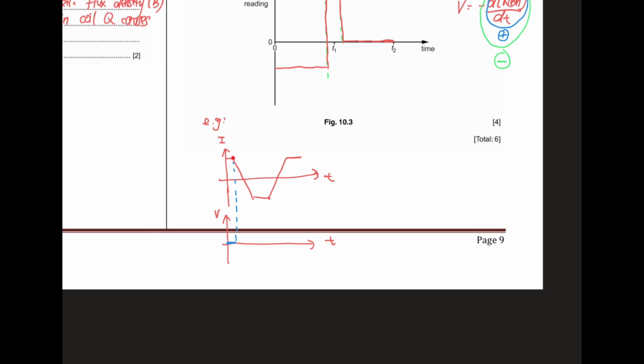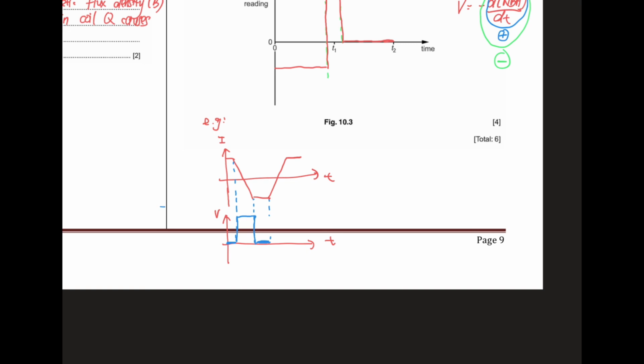It is the same negative gradient all the way until here, so we end up with positive. After that, this part, no gradient, no EMF, so it should be flat until here.